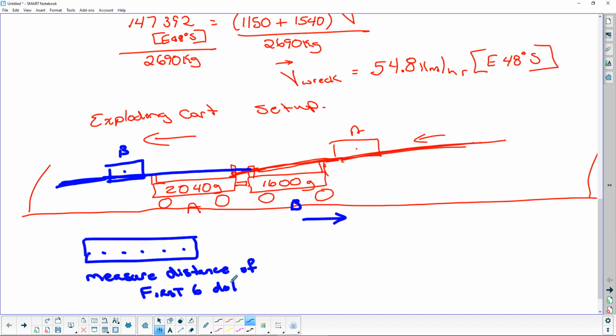So you're going to measure the first 6 dots. Now, if there's a bunch that are all kind of stuck together, just start on the first clear one. Okay? Measure the first 6 dots.